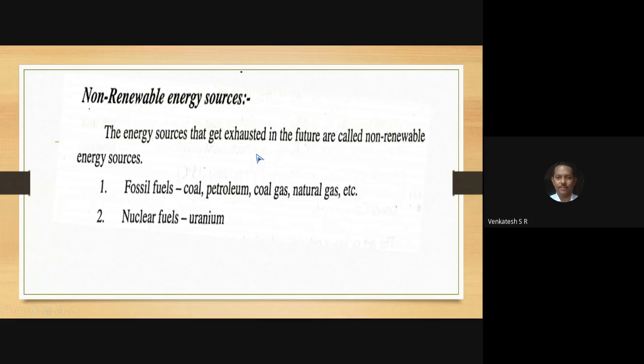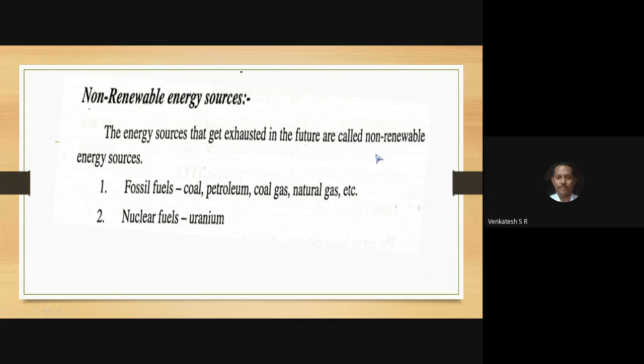For that reason, we, the human beings of this nature, have to carefully use the non-renewable energy resources. Otherwise, in future, our life becomes very, very difficult. Next, come to the point, the coal gas, natural gas.